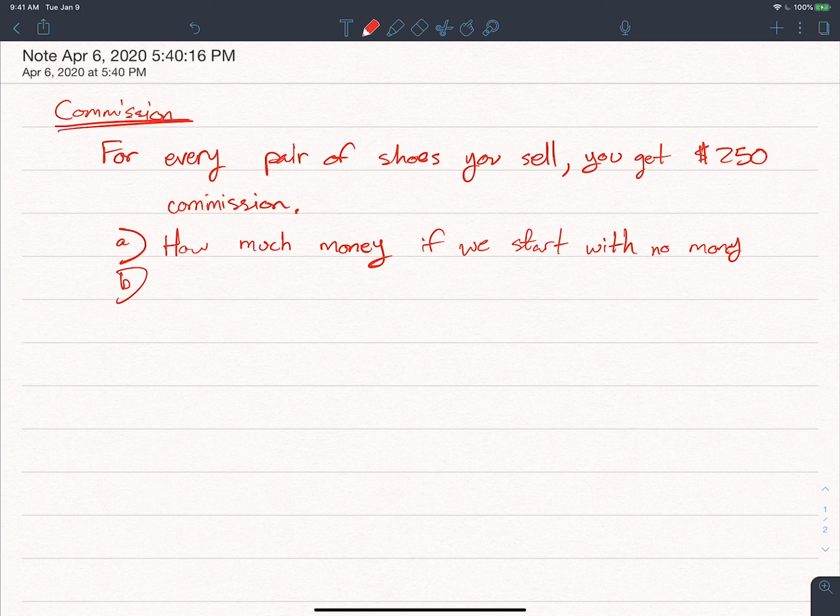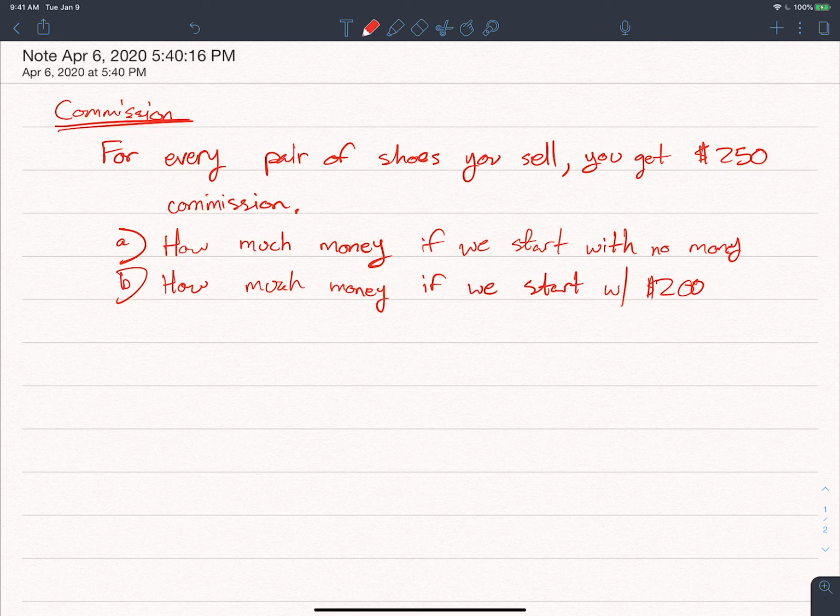And we want to find how much money we'll have if we start with $200, so we already have $200 in the bank.